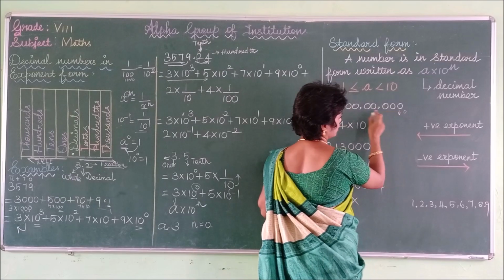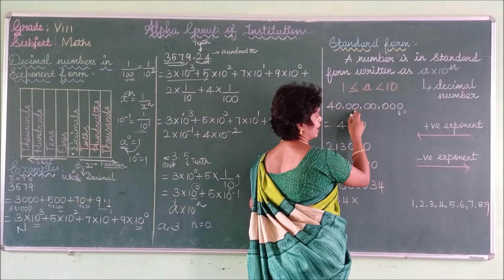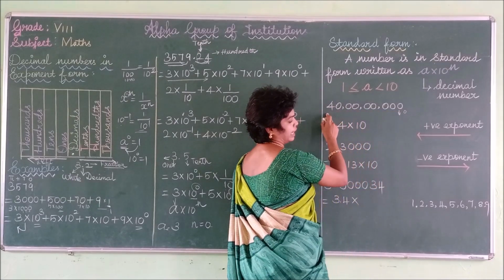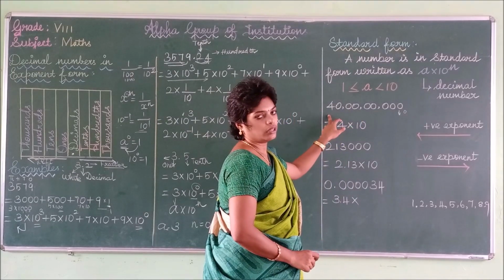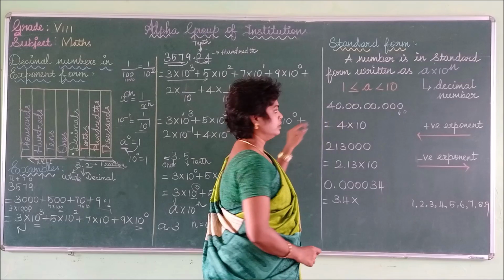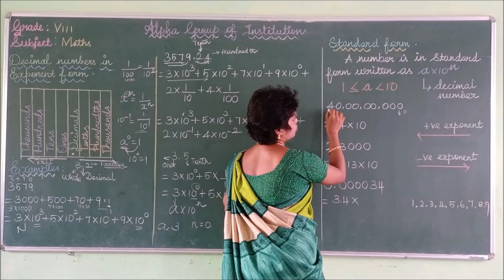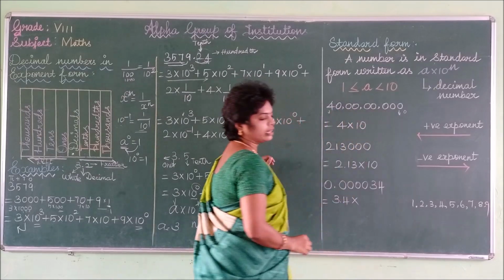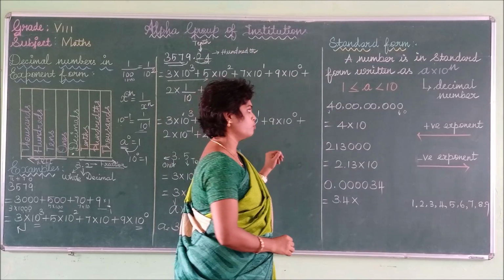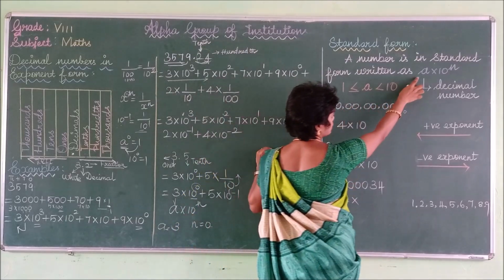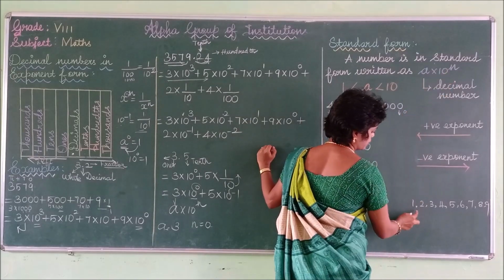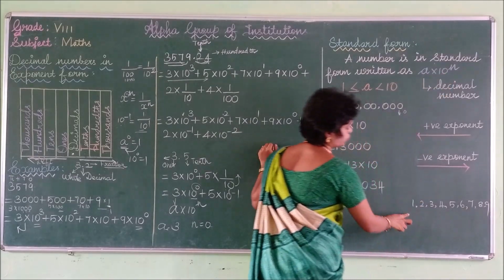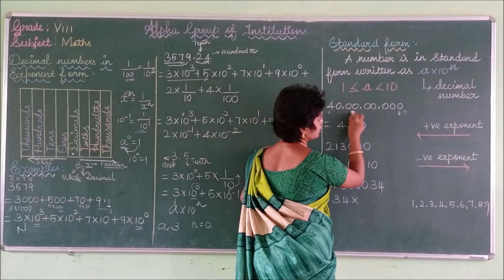Ones, tens, hundreds, thousands, ten thousands, lakh, ten lakh, crore, ten crore. So 4 crore, 4 is the number in the tenth place, so 40 crores. So as per this, the value will be a into 10 power n, and that must lie between these values only. So you have to take these zeros.